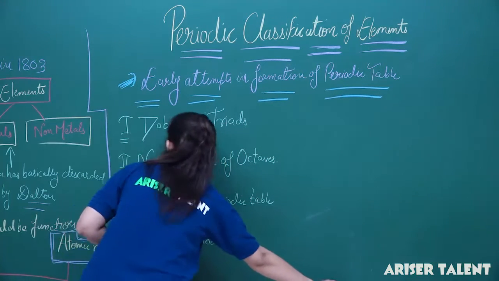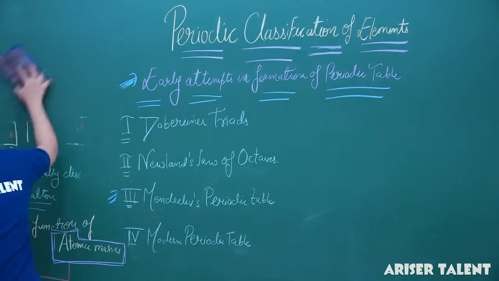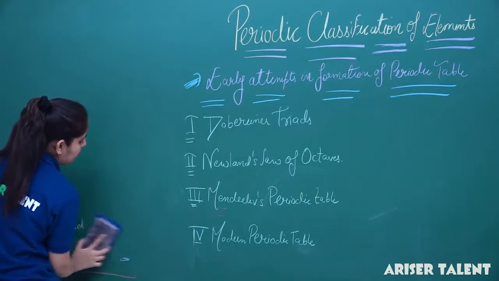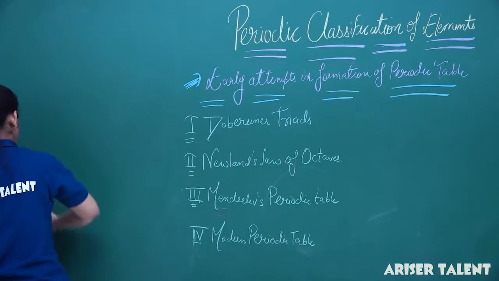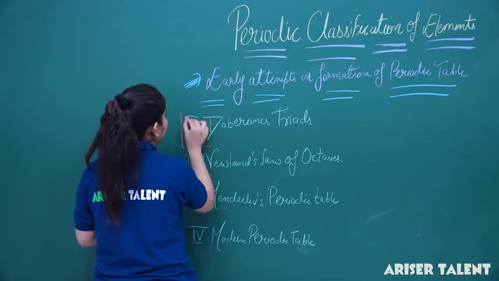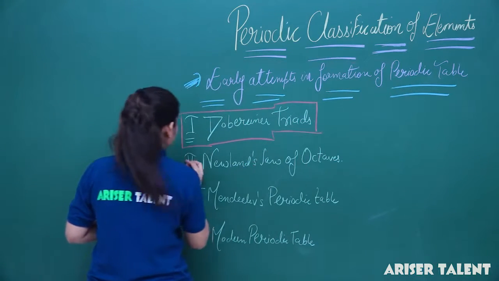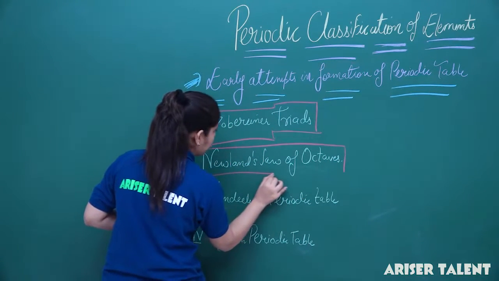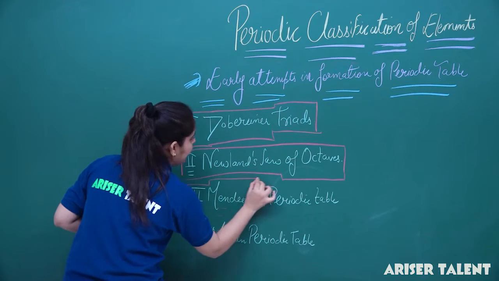So let us discuss these early attempts one by one now. The first classification is Dobereiner's triads. The second classification is Newlands' law of octaves. The third is Mendeleev's periodic table.